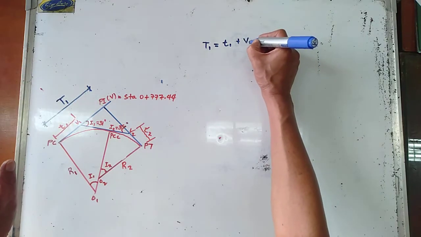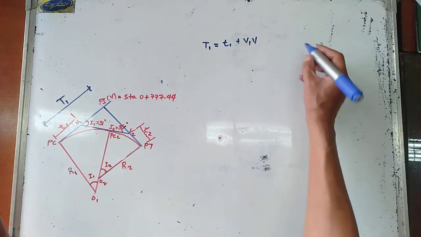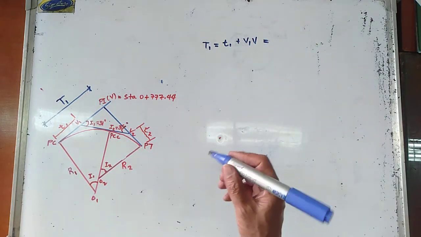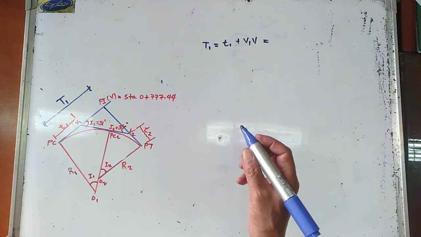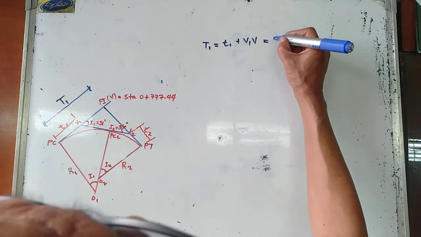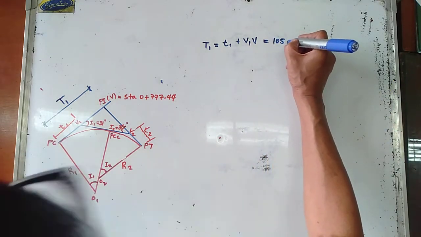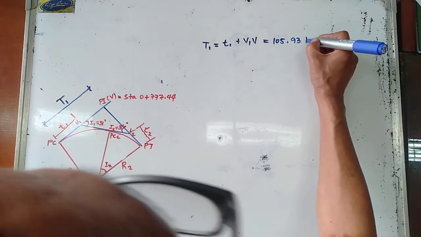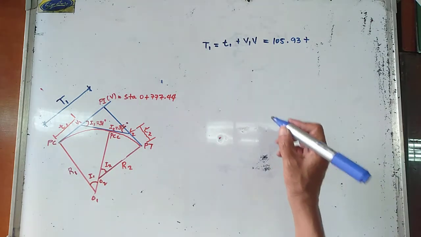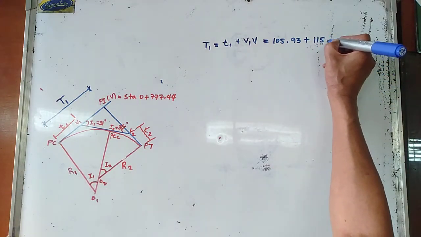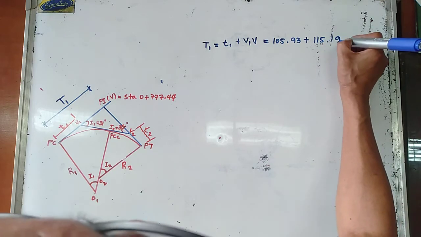Hence, your small t1 is equal to 105.93 plus V1V is 115.19.